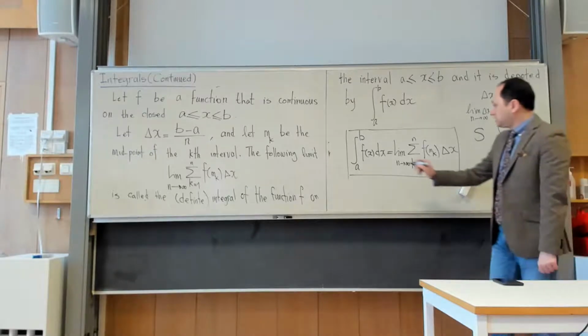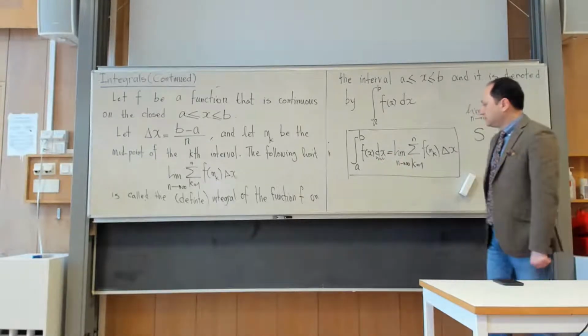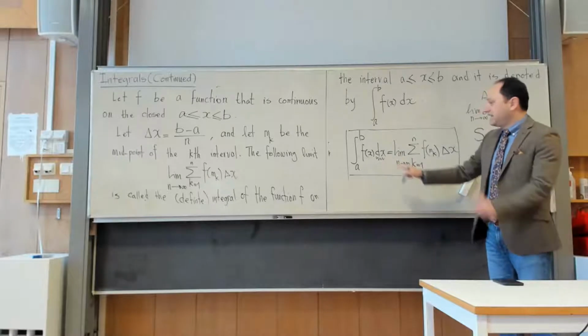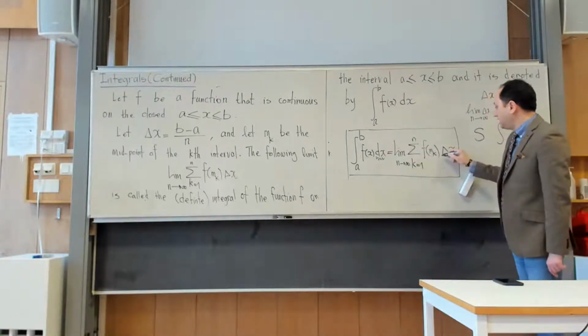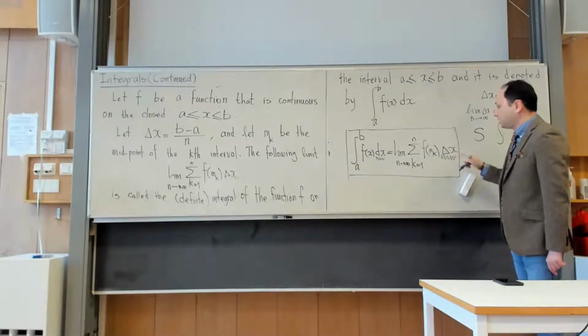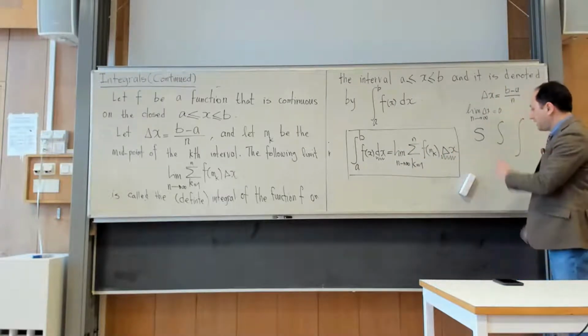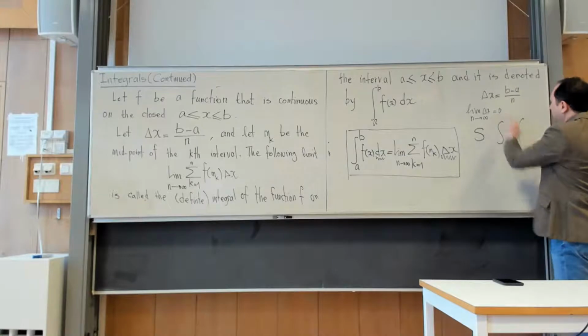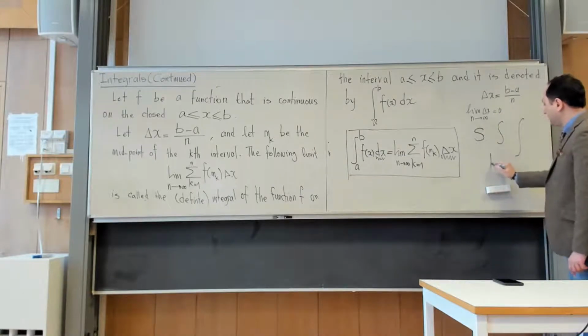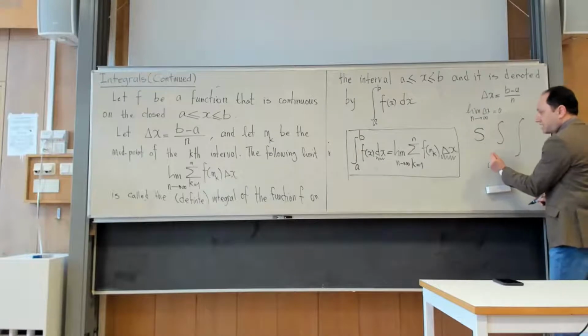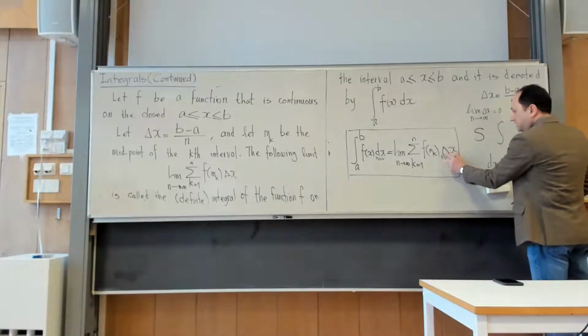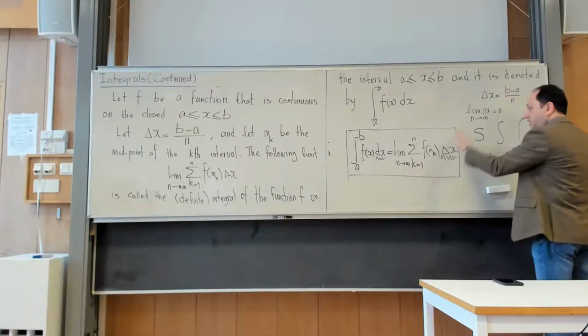Okay, so this is another thing. Let me discuss this delta x here. dx is the infinitesimal version of delta x. It is a very short length compared to delta x when n goes very high.